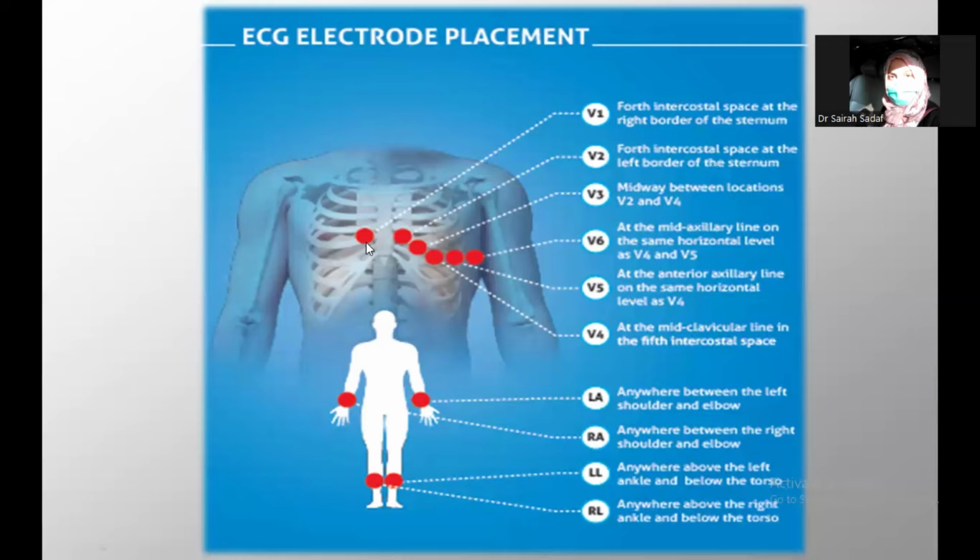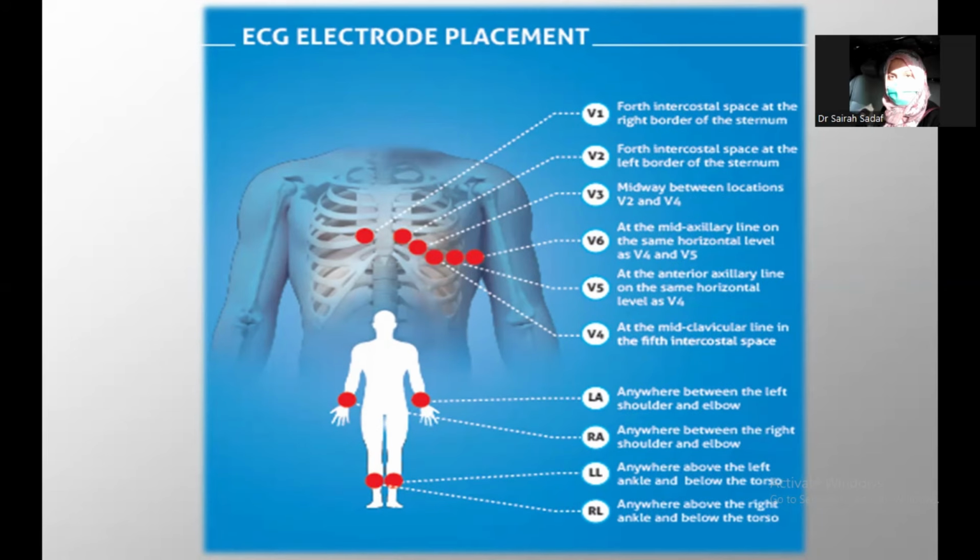Now coming to the chest electrodes, we start from the fourth intercostal space on the right side. Then the second one, the V2 electrode, the electrode that records the V2 lead, we place on the left side in the fourth intercostal space. Then V3 on the rib.